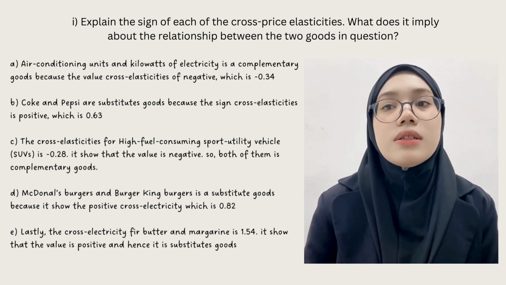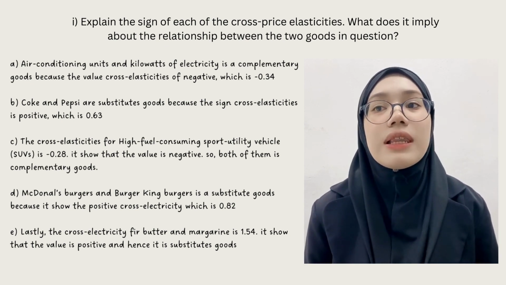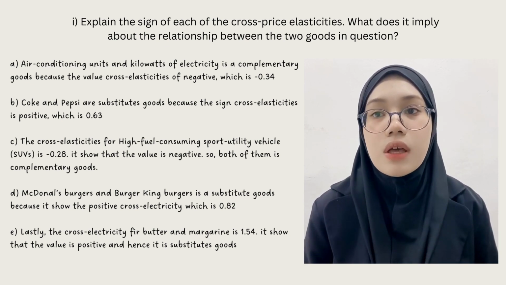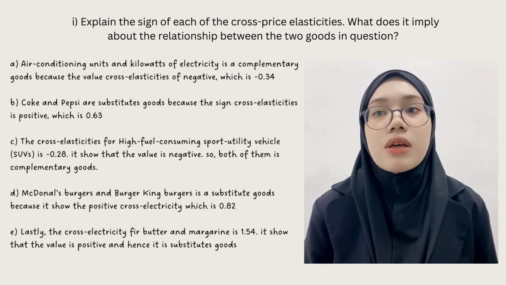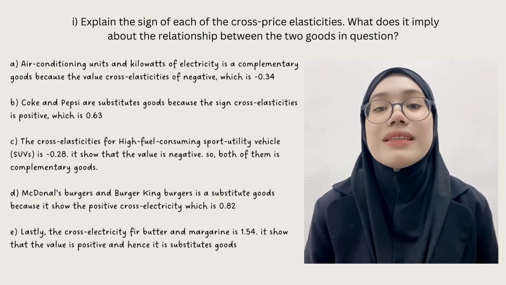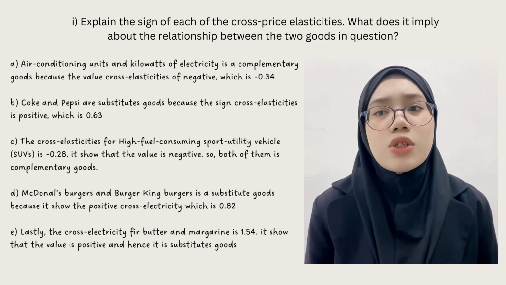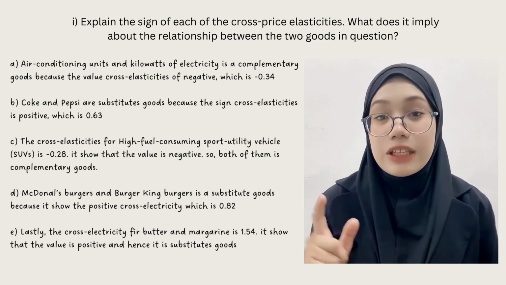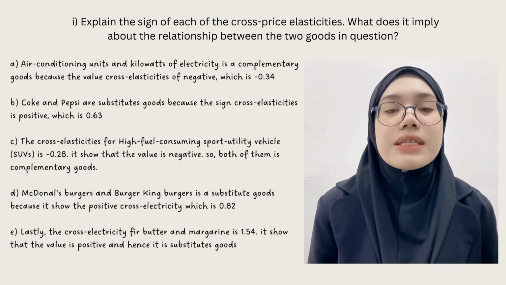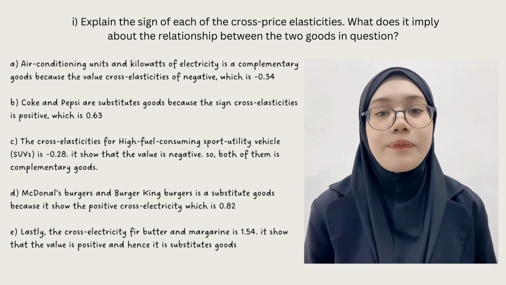Number 3, the cross elasticity for light fuel consuming sport utility vehicles, SUVs, is negative 0.28. It shows that the value is negative, so both of them are complementary goods.